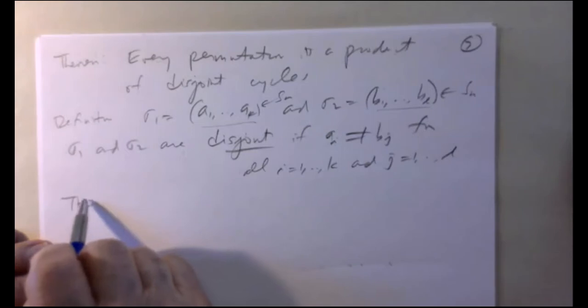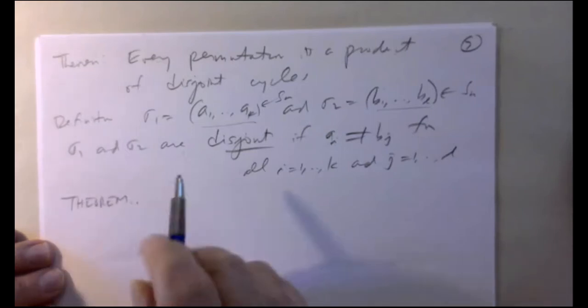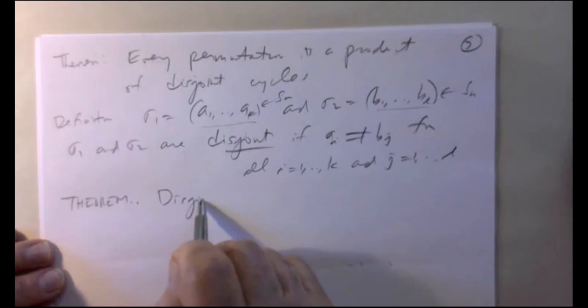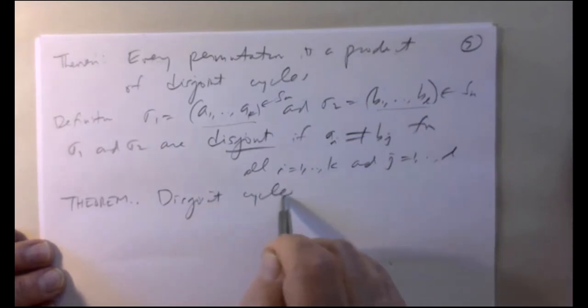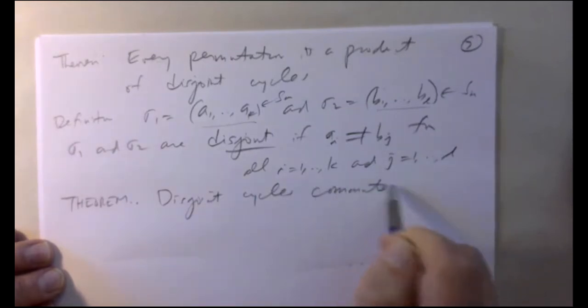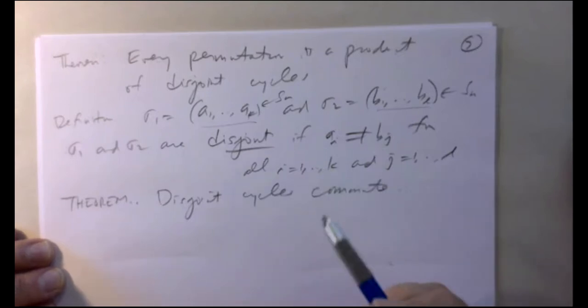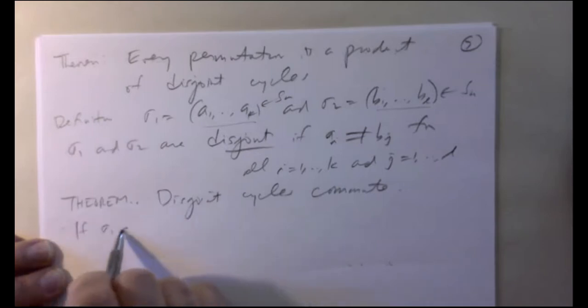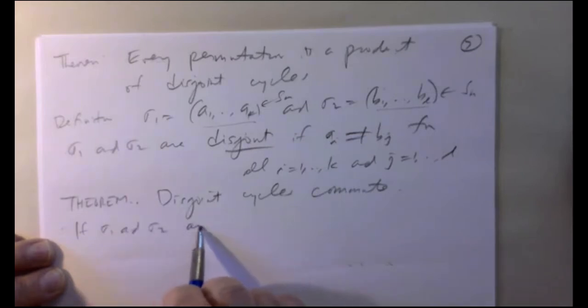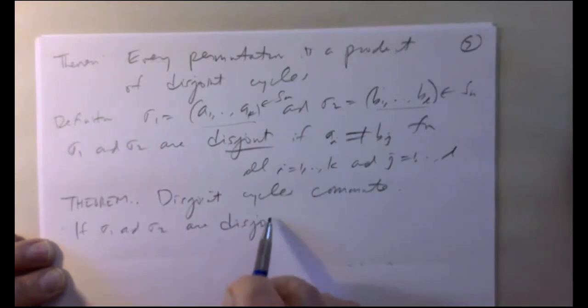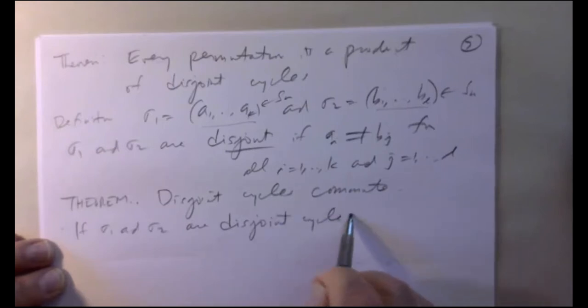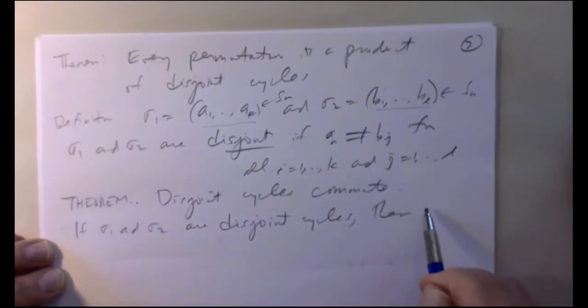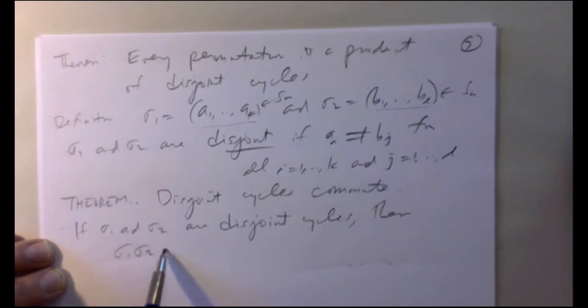And I also had proved that disjoint cycles commute. Not all permutations commute because Sn is a non-abelian group. So if sigma 1 and sigma 2 are disjoint cycles, then sigma 1 times sigma 2 is equal to sigma 2 times sigma 1.